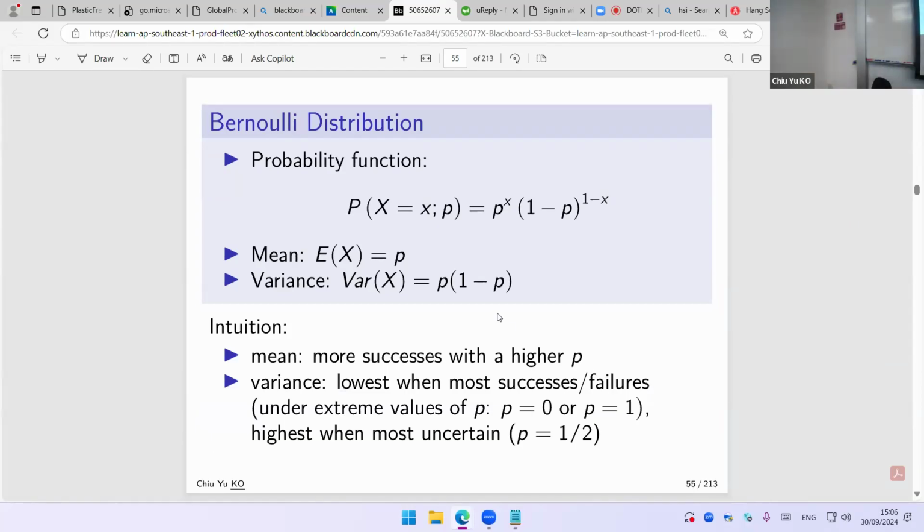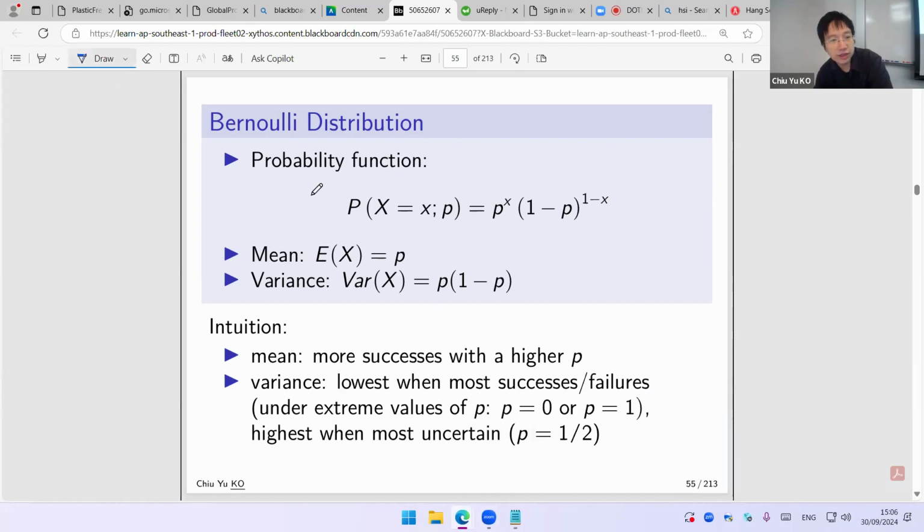So the variance, can I draw a graph? Oh, yeah, I can draw. That's good. I can draw a graph. I'm very happy now. P, this variance P. Now try to recall what you learned in high school. What does this graph look like?